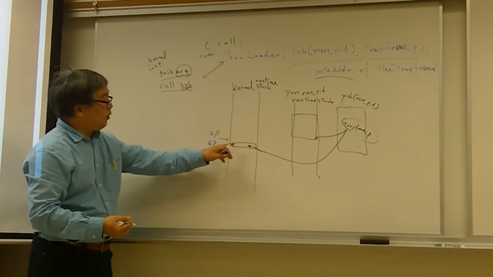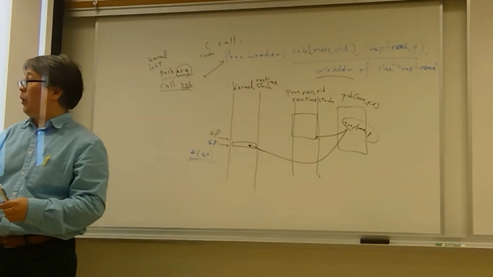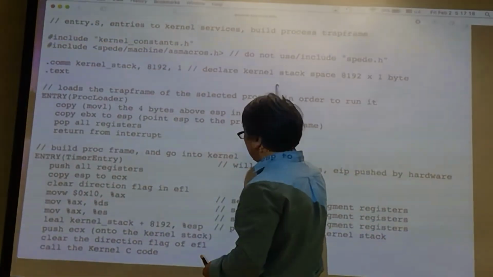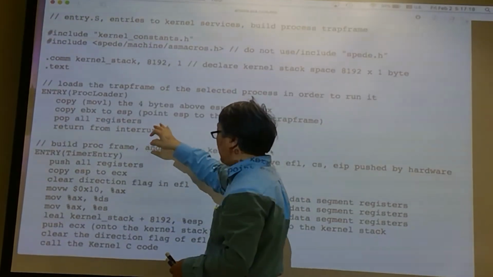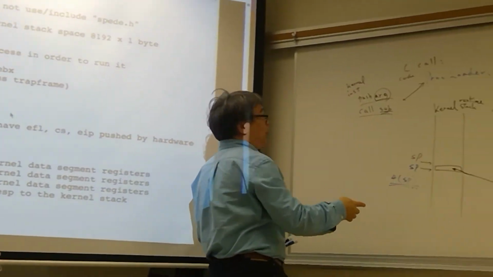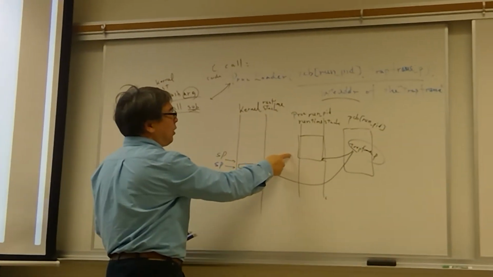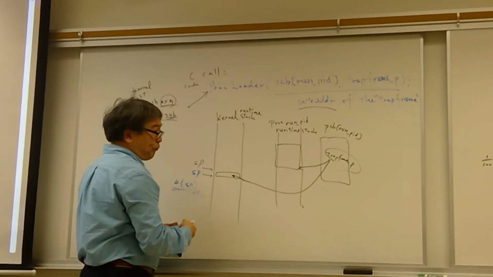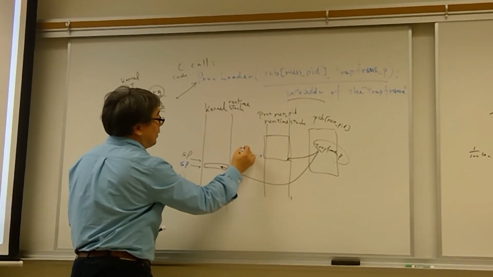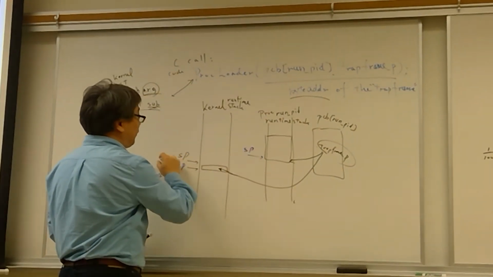the argument passed here. So we're going to move the 4 bytes above ESP to EBX, and then we're going to use it to override ESP. So basically, it's to switch the stack pointer from the kernel stack back to the process runtime stack. This is where the stack pointer is going to switch from here to here.